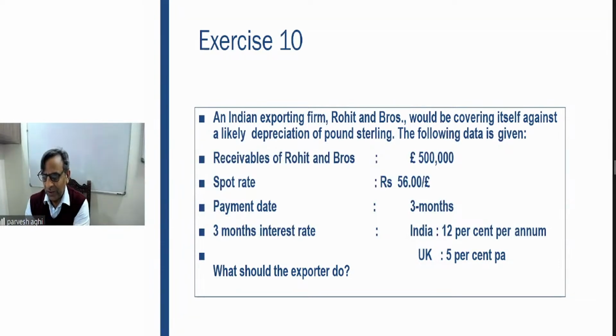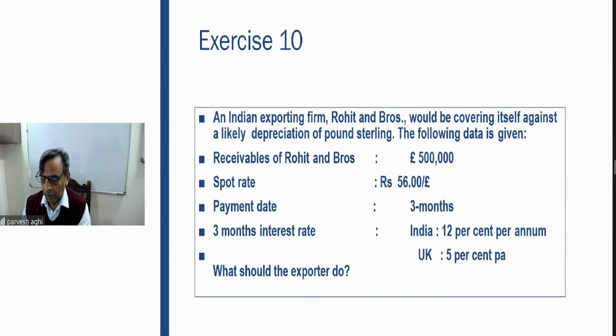Now looking at the interest rates, you know that in India the interest rate is 12%. In UK, it is 5%. So which currency is going to appreciate, the pound or the Indian rupee? Please answer this question before we start doing this question. As per the question, the interest rate is 12% in India and UK is 5%. Which currency is going to appreciate after 3 months, and how much approximately annually?